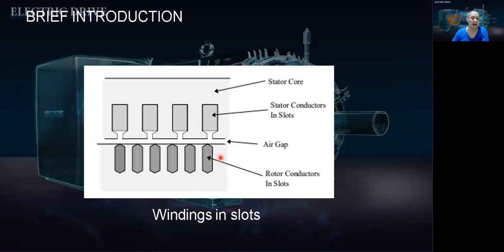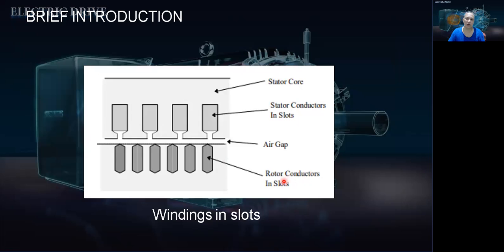If they are electromagnets, then there will be windings in the rotor or in the stator. Those windings are put in slots, so they are wound within the slots like this. This doesn't show exactly the wire winding, but it looks like that.